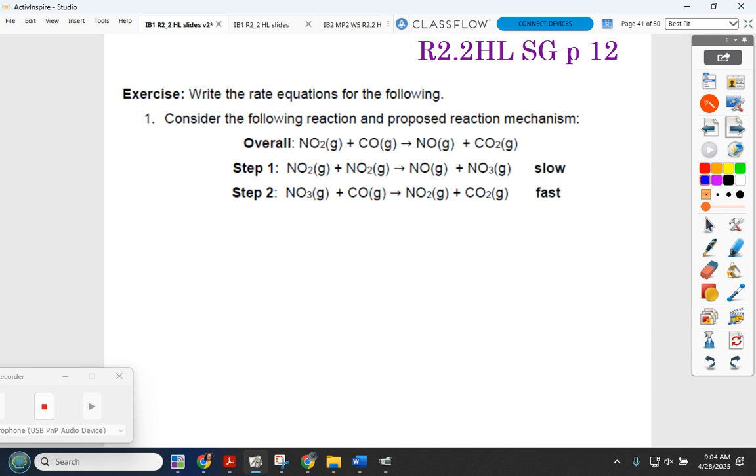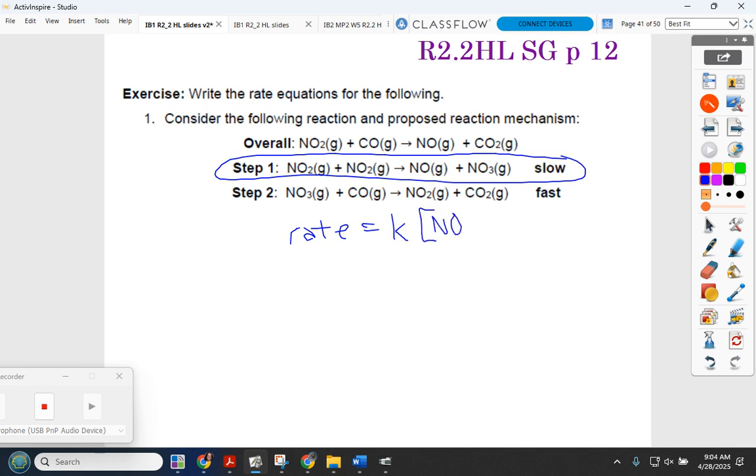Good. Yes. Okay, so this would be NO2 squared. Remember, the 2 is the order with respect to NO2.